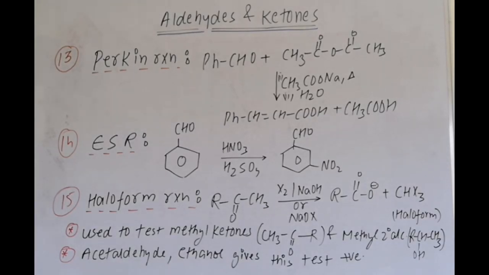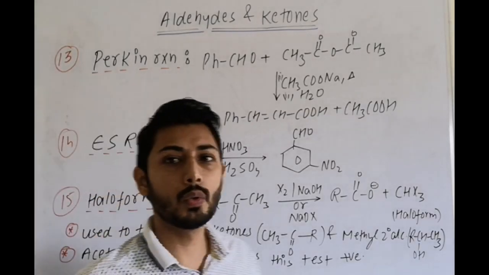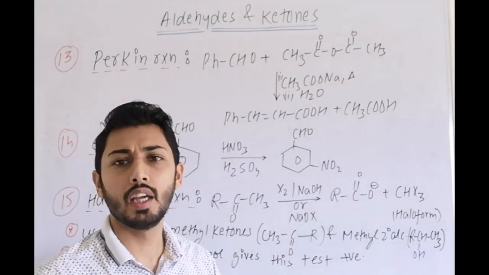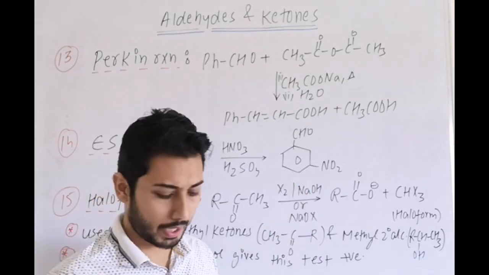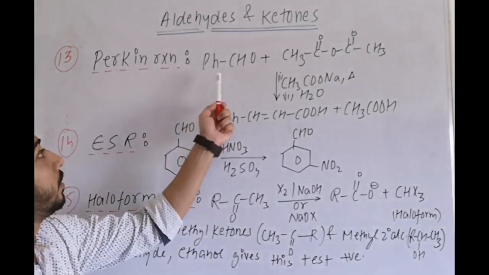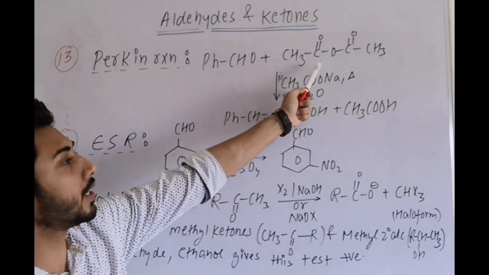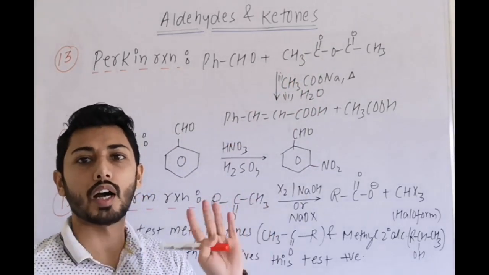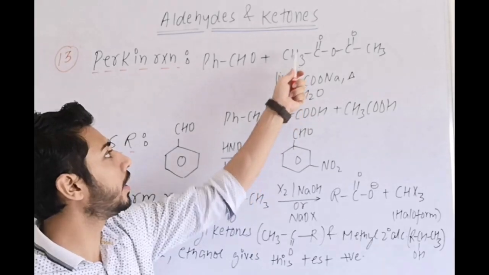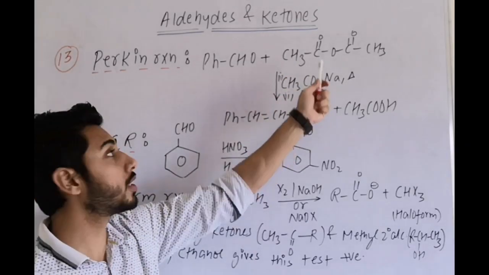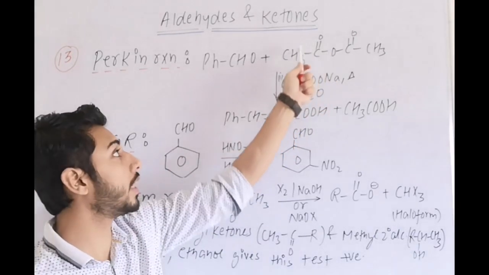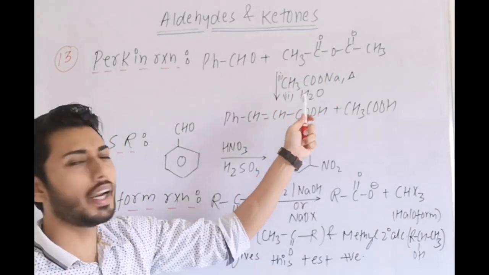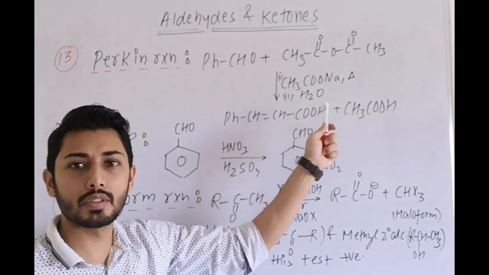Now next reaction is Perkin reaction. As compared to aldol and Cannizzaro, it is less important, but yes, one question is given in NCERT which can be solved by this reaction. In Perkin reaction, we take benzaldehyde with acetic anhydride or any anhydride which contains at least 2 alpha hydrogens. After treating it with the same salt from which anhydride is formed, it is from acetic acid, that's why we take salt of acetic acid, and then in next step hydrolysis is done.